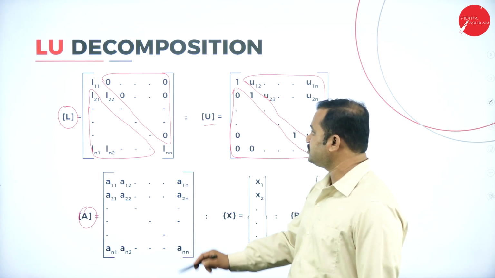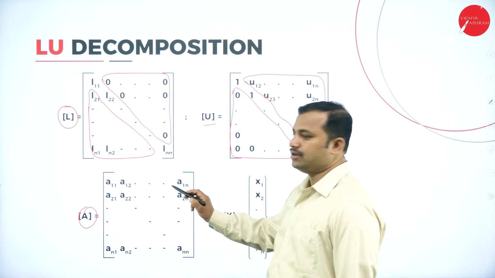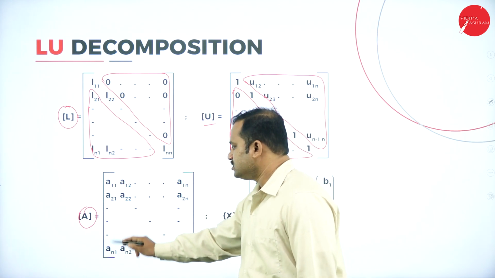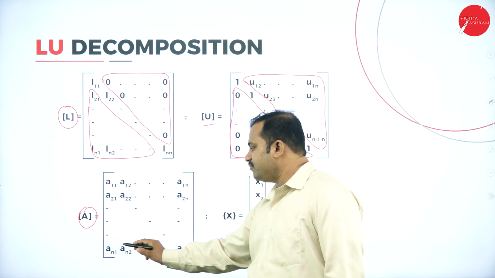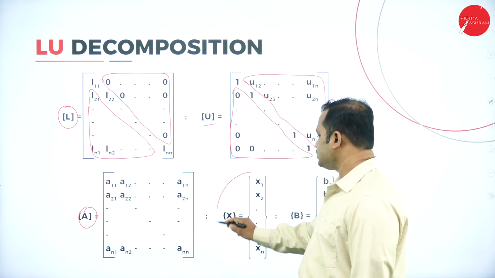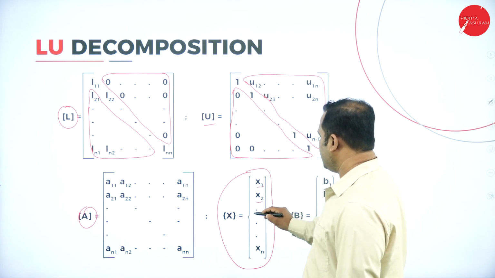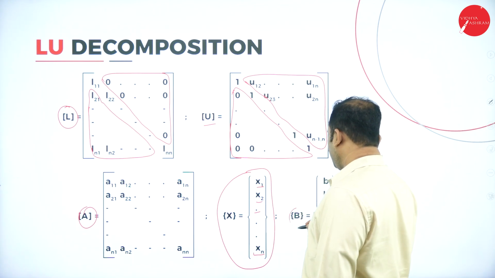We have the terms a11, a12, so on up to a1n. Then a21, a22, so on up to a2n. Similarly, so on up to an1, an2, so on up to ann. These are called the unknowns, that is x1, x2, x3, so on up to xn. What does this B indicate?